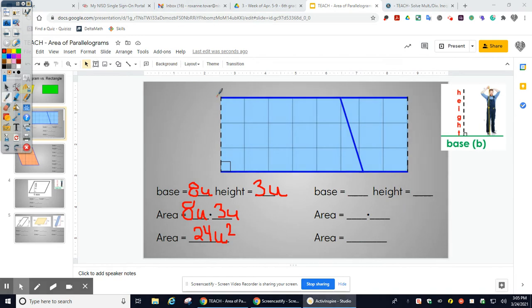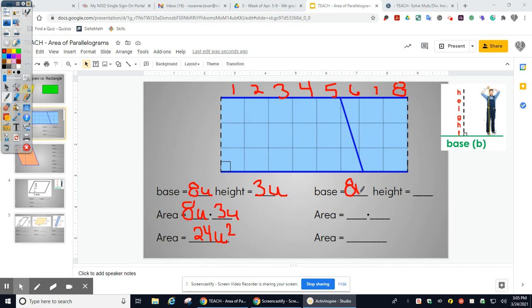Okay, so now let's find the base of this rectangle. And the base of this rectangle is 1, 2, 3, 4, 5, 6, 7, 8. The base didn't change. Even though I changed my parallelogram into a rectangle, it did not change.